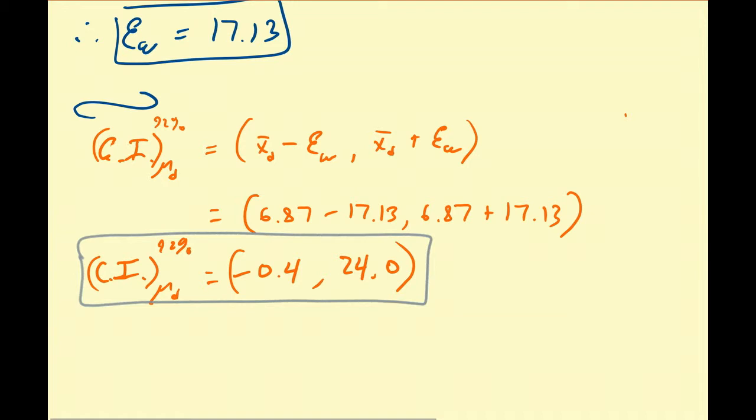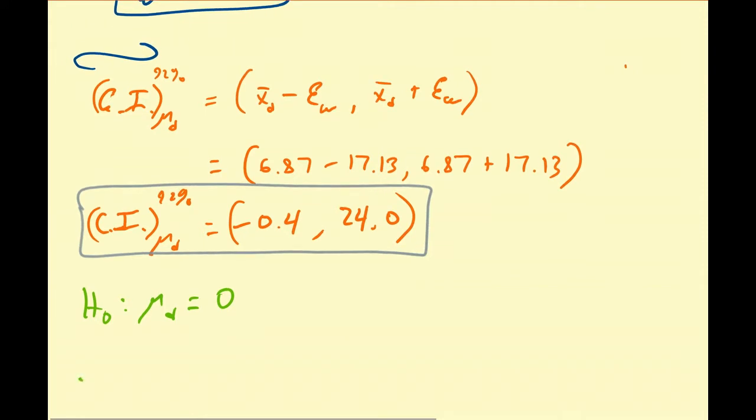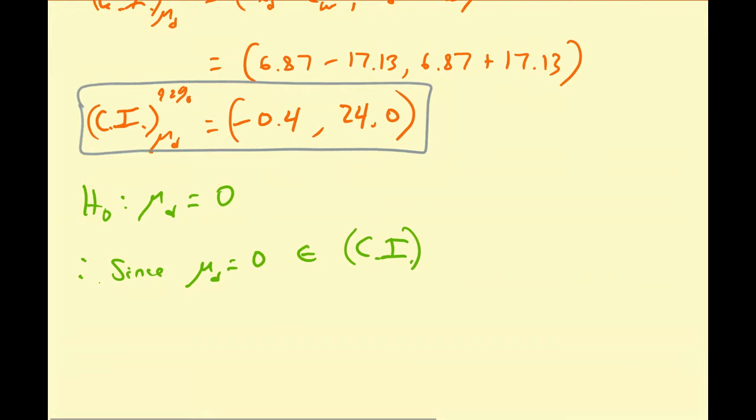So now we can analyze. Our null hypothesis was that mu d was equal to 0. And 0 is within this confidence interval. You may want to argue that 0 is really close to this left boundary, but nonetheless it is in between. So therefore, since mu d lies within our confidence interval, that means our sample sort of agrees with the null hypothesis.